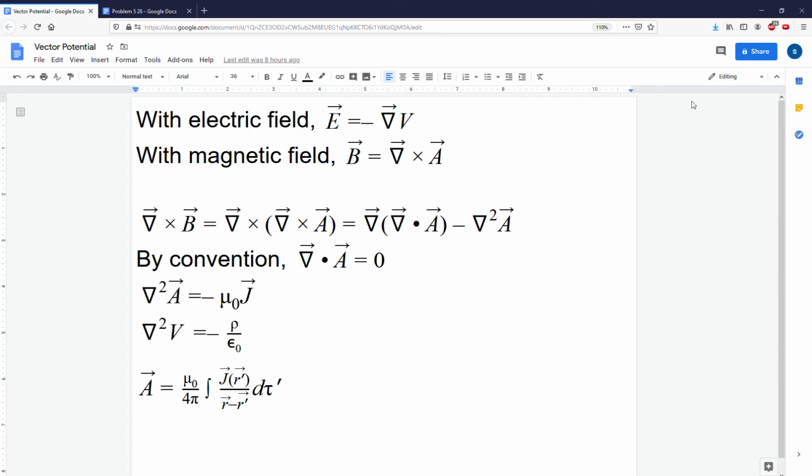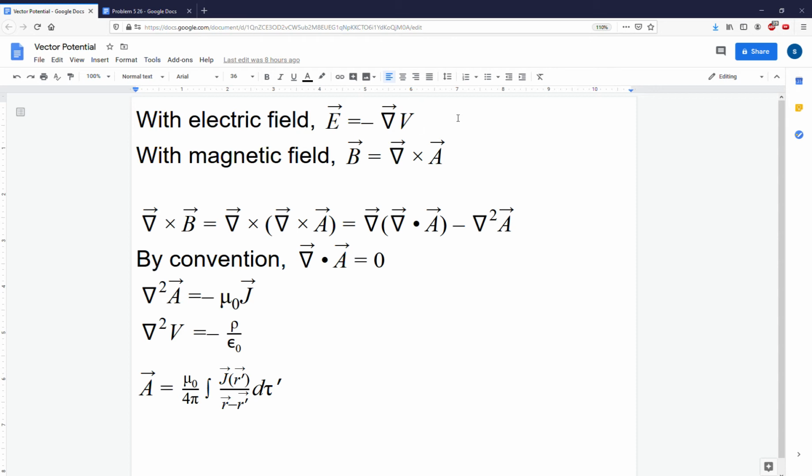With electric field, we can define any static electric field as the negative gradient of some other scalar field that we call the potential. We can do this because the curl of E is necessarily zero, and so it is the gradient of a scalar function.